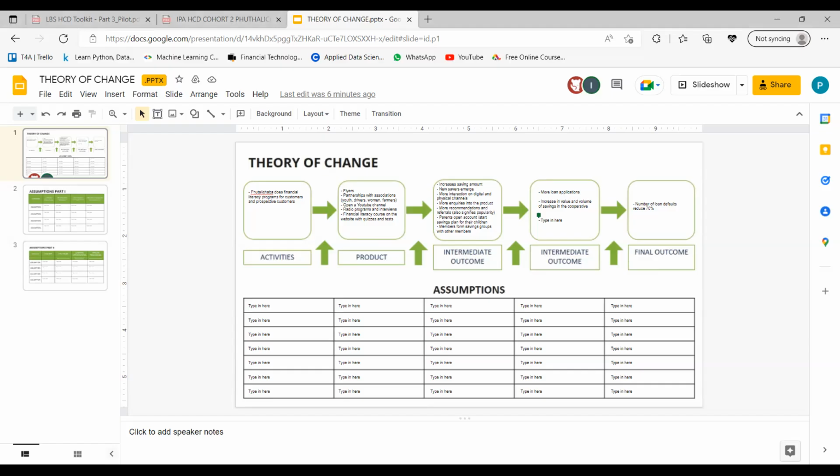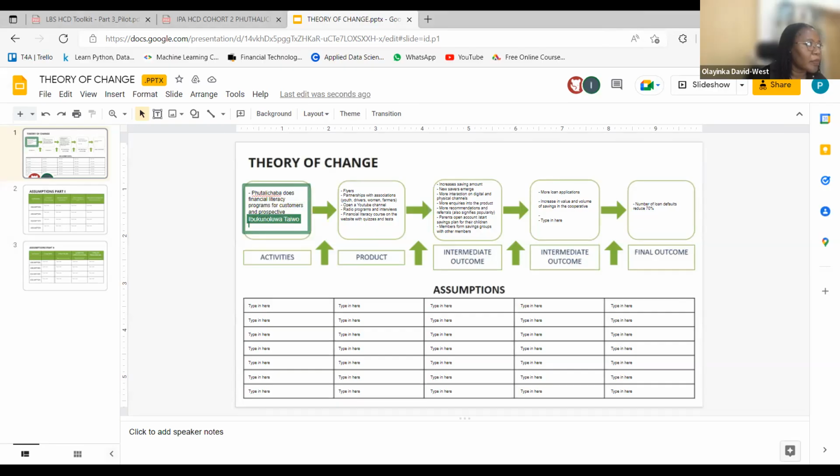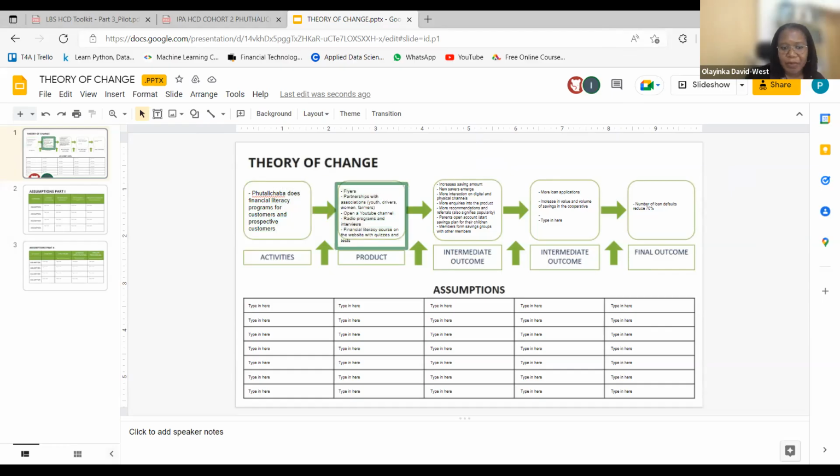Or should I go ahead? Itumeleng, why don't you just go ahead, please?